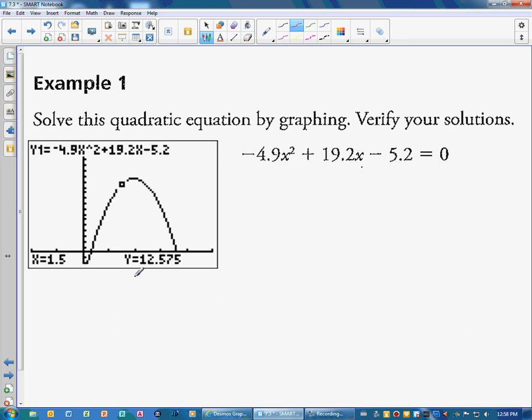So here is this graph, this parabola. This is about the approximate vertex. It's a maximum. And you can tell because look, my opening A is negative 4.9, so my parabola has to open down. So when it asks you to solve, it's asking you where does this cross the x-axis?